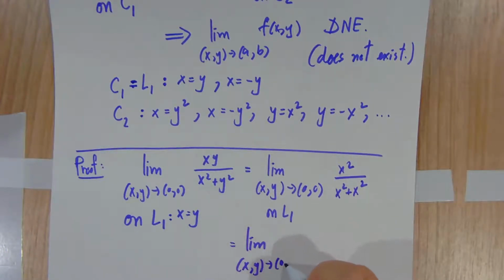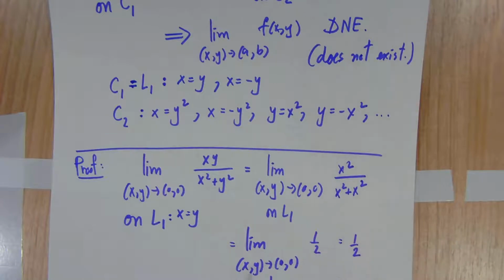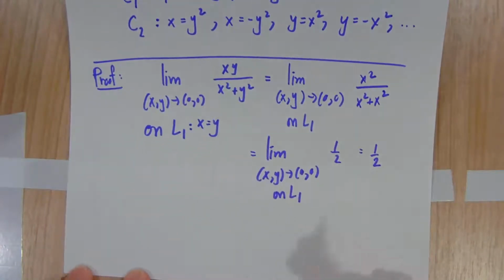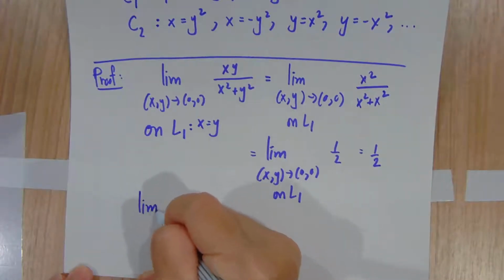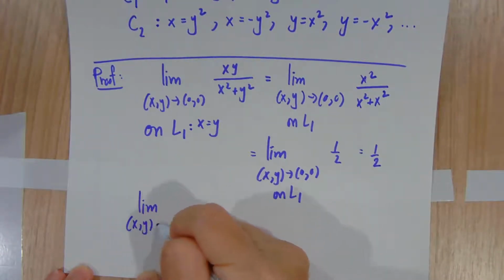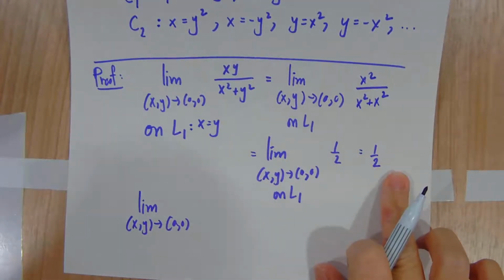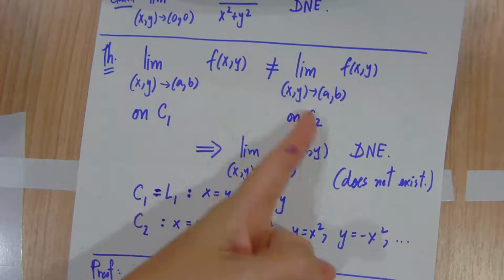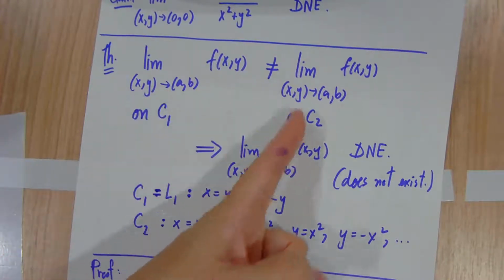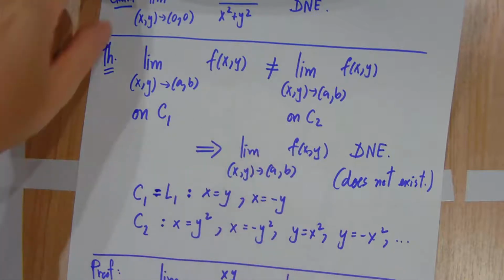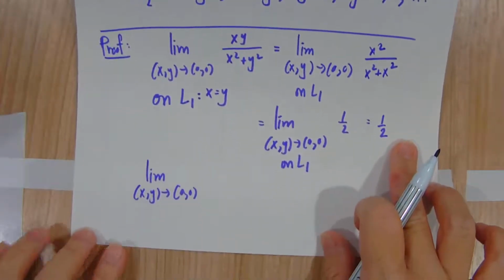Then it's left with only the constant, one half. And the limit of a constant also equals the constant. For the other curve, we should choose one that gets a value not equal to one half, so that we can refer to this theorem that the values of the limit on the curves C1 and C2 are not equal.